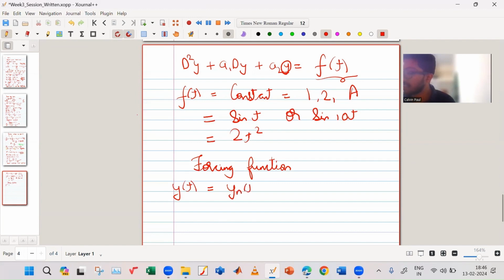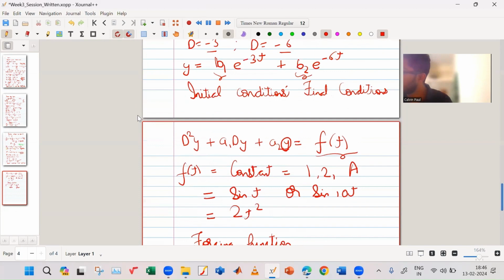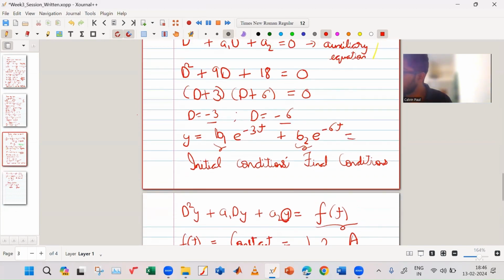One is the natural response, which is dependent on your initial conditions, and one is your forced response. So what we had found here is my natural response.